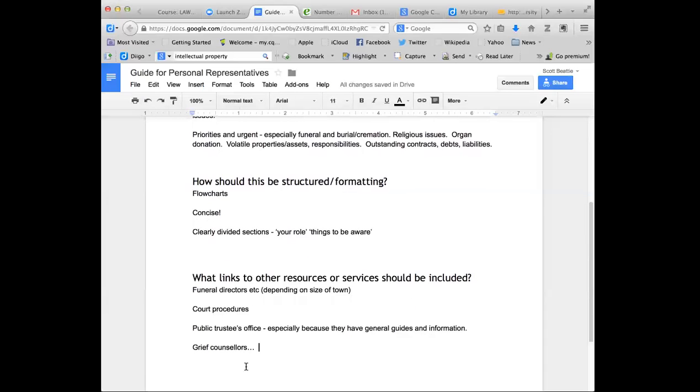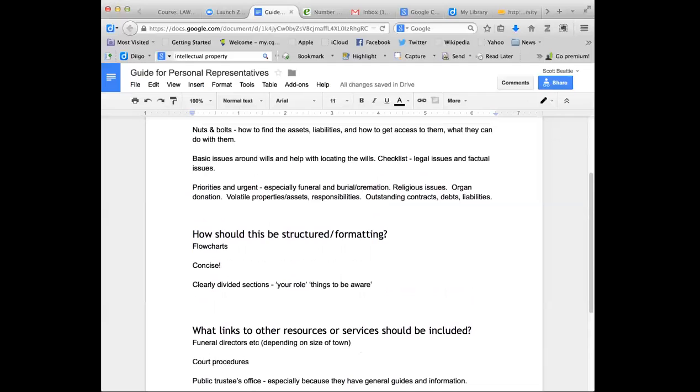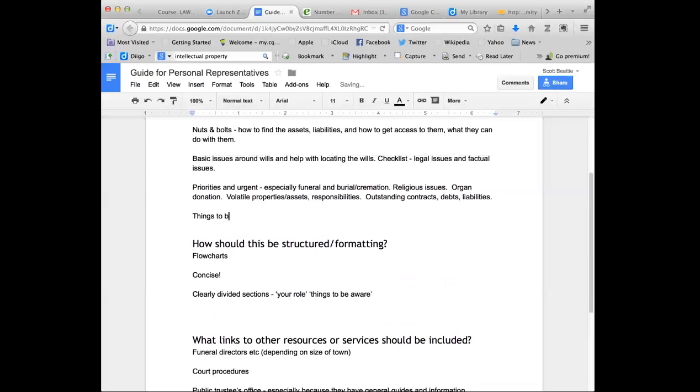No one said we need to put in the case law and the precedents, which is good. And I think that's right. The things to be aware of is not only a structuring thing. It just occurs to me that it would be an excellent section in itself.